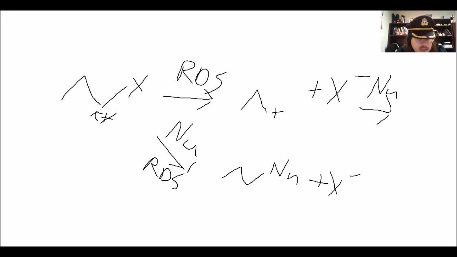If it's not a chiral center, it's not really important. But if it is a chiral center, we're going to see an inversion of chirality. While the first mechanism, because it forms a carbocation, means we could have a racemic mixture, meaning a mixture of chiralities.